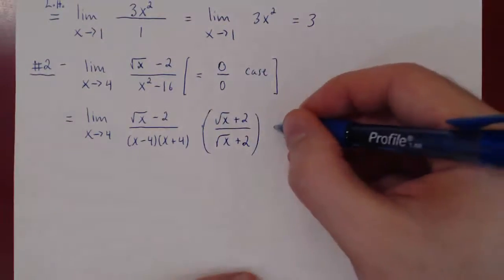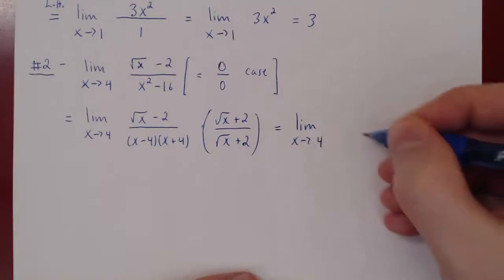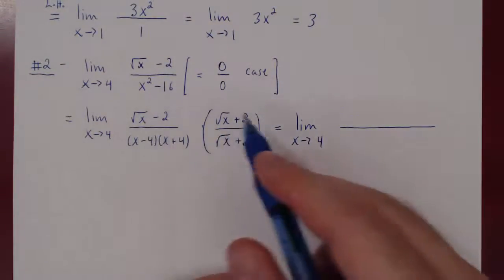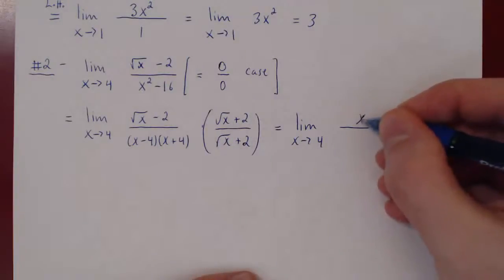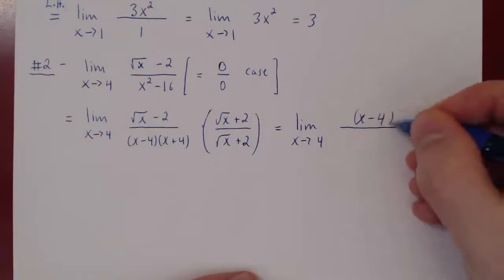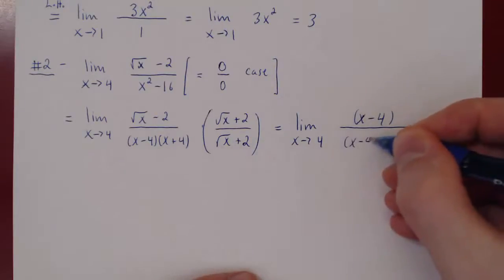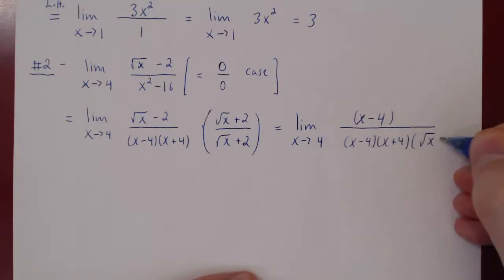Let's multiply out the numerator only. If we do so, we'll have root of x times root of x, that's x, plus 2 root of x minus 2 root of x, 0, minus 4. And we'll get a simple term of x minus 4 on top. On the bottom, we're left with x minus 4 times x plus 4 times the root of x plus 2.